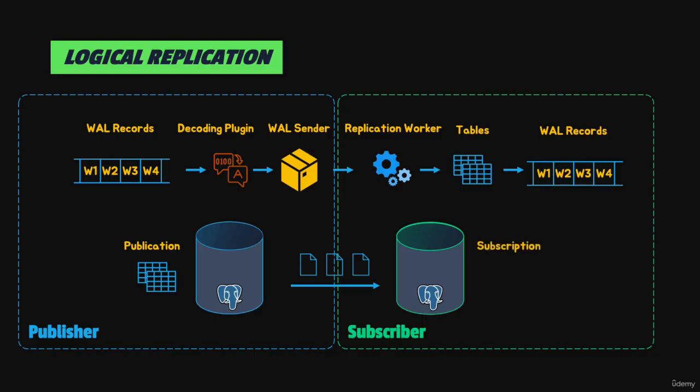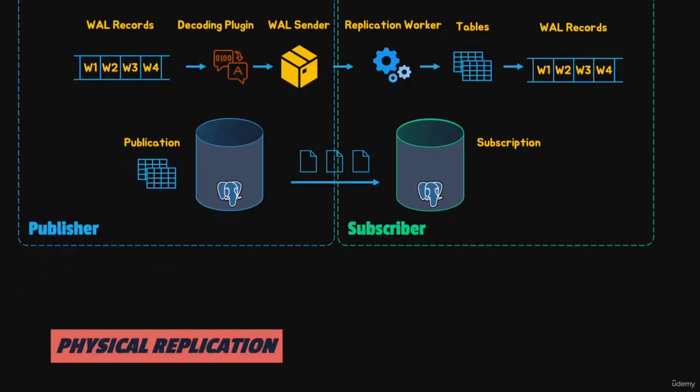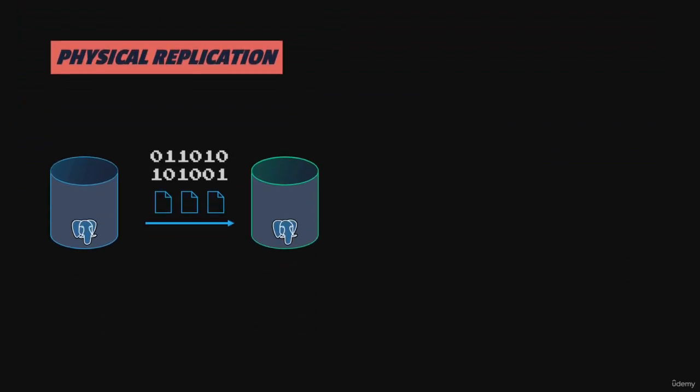Another point in favor of the logical replication is the amount of data that has to be replicated. Physical replication has to transfer every modification from the master server, even if this modification doesn't change the data itself.